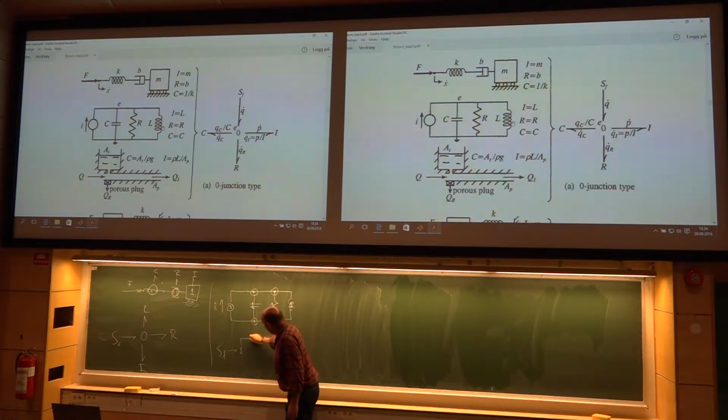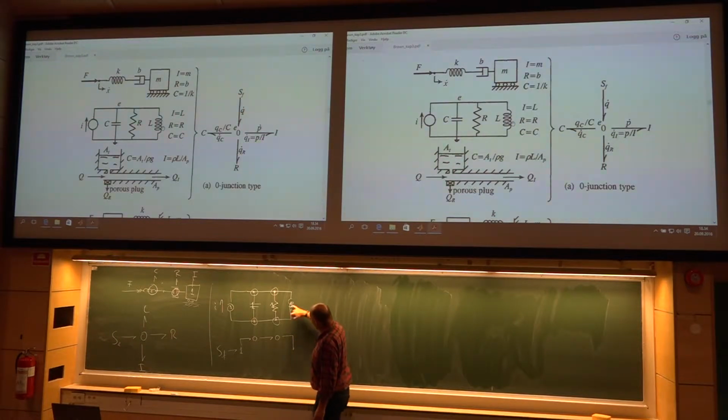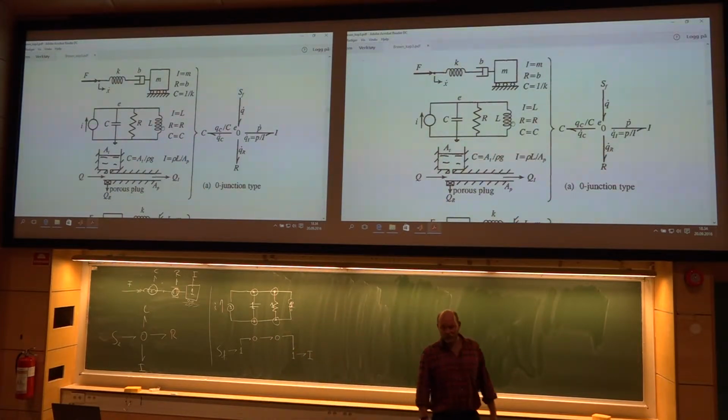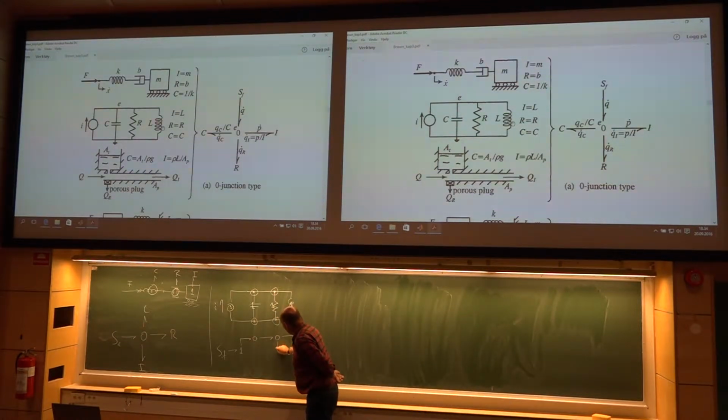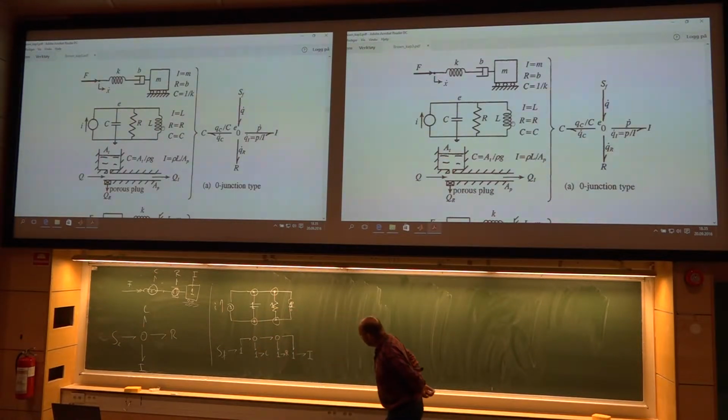Then we go up here, hitting a zero junction. Then we continue, find another zero junction, go down here. Here I meet a one junction connected with a mass, an inertance, electric inertance, a coil. Down here I meet another one junction and I find a resistance hooked on that one, and here a capacitor, one junction and a C, like that.